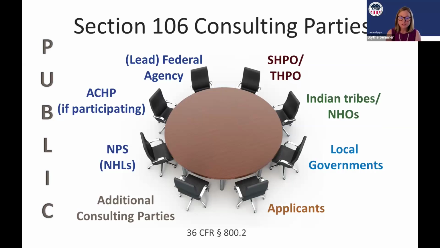We use the term consulting parties, and the regulations use that term as well to talk about the Section 106 participants. So as we look at this graphic and go clockwise from the federal agency, you will see the state or tribal historic preservation officer, federally recognized Indian tribes, Native Hawaiian organizations, local governments, and applicants for federal permits, licenses, grants, or other approvals.